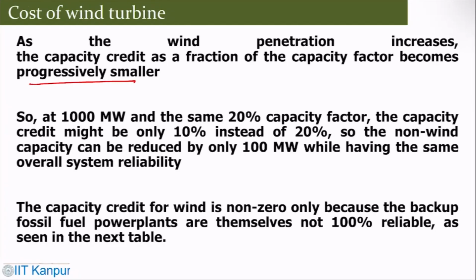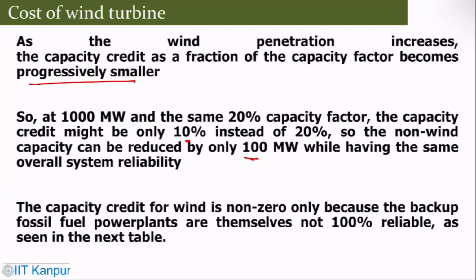So at 1000 megawatts and the same 20% capacity factor, the capacity credit might be only 10% instead of 20%. So the non-wind capacity can be reduced by only 100 megawatts while having the same overall system reliability.